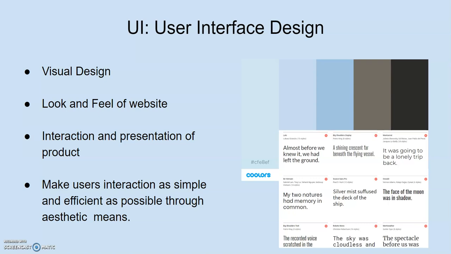Basically, it makes users' interaction as simple and efficient as possible through aesthetic means. So you want to have a beautiful website, but also keep it simple enough that it's easy to use and navigate, so that you can easily find what you're looking for.